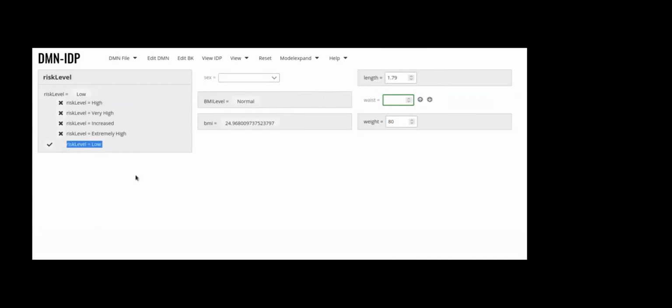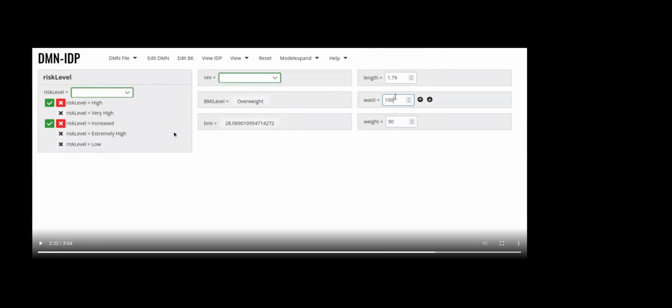And so we don't need to input that anymore. We don't need to query a user for that information anymore, in the case that we did have a querying system set up. But then if I change my weight to 90, my BMI level will be overweight again. And interesting to note here is that it immediately excludes what values will never be possible anymore. So a risk level of very high is impossible to have with an overweight BMI level.